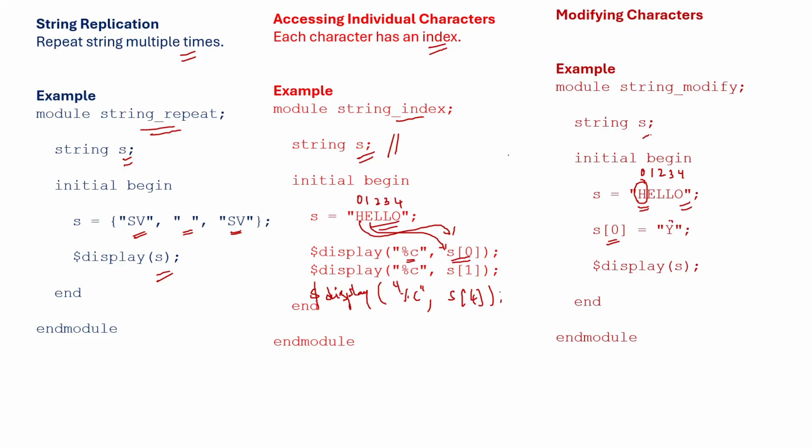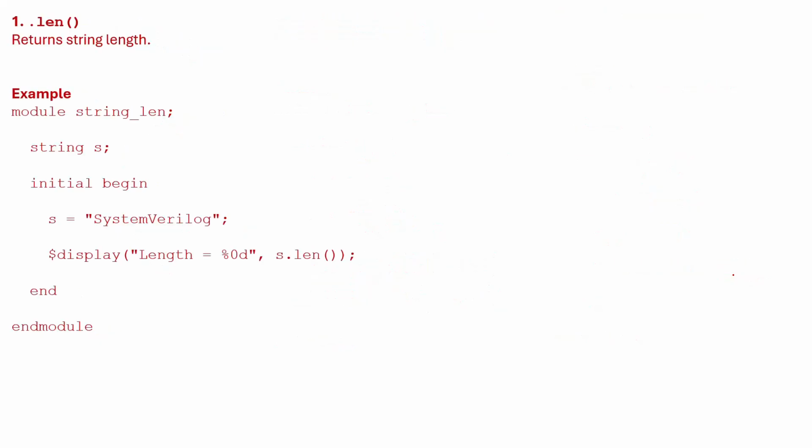In hello, e is replaced with y. Then what is the output I am getting? Hello. Okay, so that is modifying a character. If you want to modify a character, or get some index, you can do that. And if you want to repeat the string, you can repeat the string.